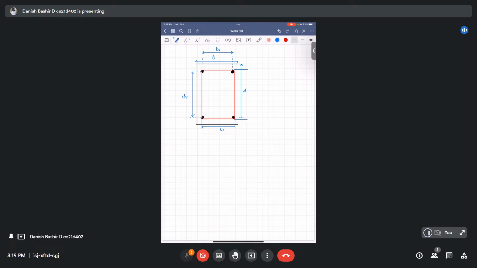Measuring it along the breadth, we define it as x1, and measuring it along the depth, we define it as y1. Okay, these x1 and y1 are the short and long center to center dimensions of the rectangular closed stirrups.